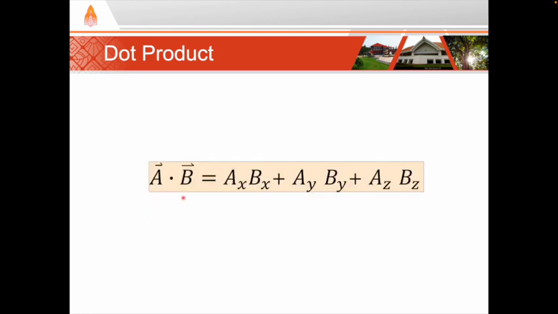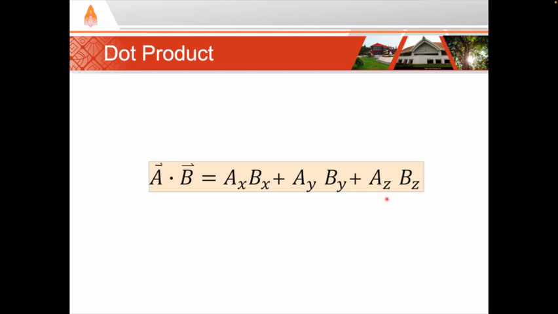If we need to determine the dot product between 2 vectors, and we would read this as A dot B, we can compute it by adding up the products of the x and y components. So A dot B is equal to the sum of the product of the x components of the 2 vectors, the sum of the products of the y components, and the sum of the products of the z components.